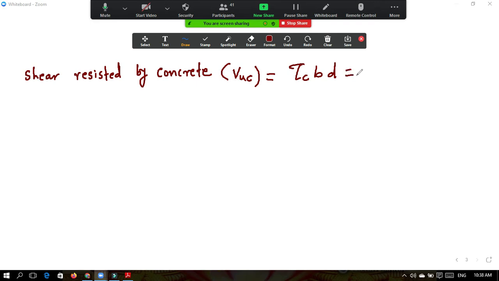So what was the value of tau c? Tau c is 0.49, B is 300, and our effective depth is 600. Okay, so therefore VUC is equal to, now do this calculation and let me know the answer. Do the calculation fast.